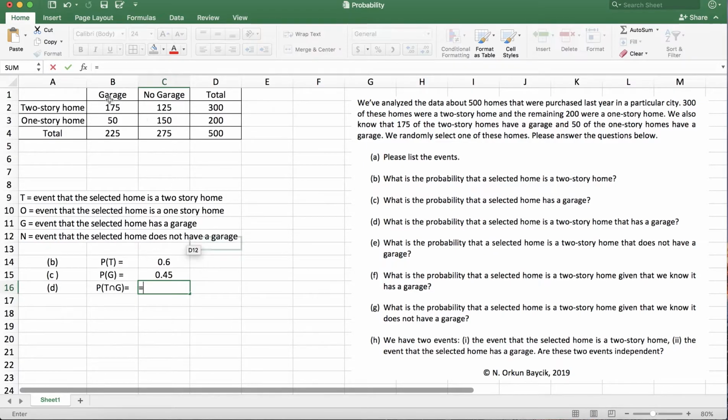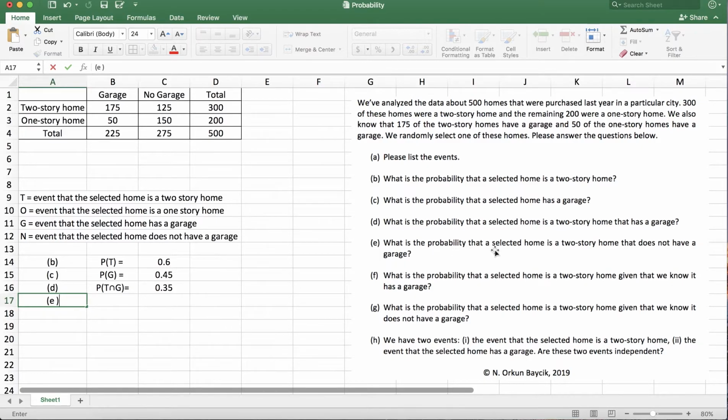The answer is 175. And how many total number of homes do we have? 500, and that will give you the answer that we are looking for, okay? 0.35.